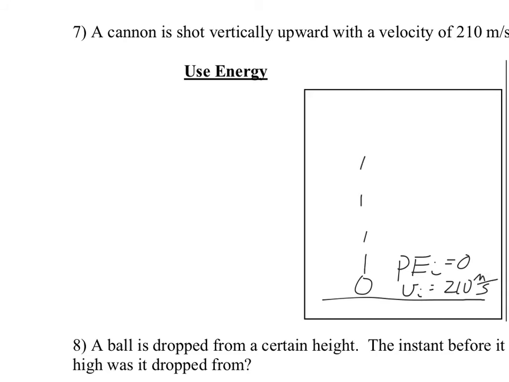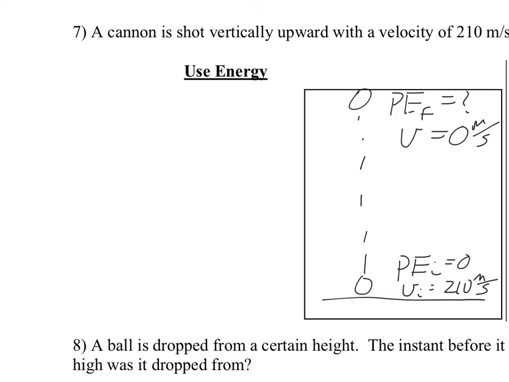The ball goes up. Up here, we do have potential energy. We're not really sure what that is yet, though. And we have a velocity here of 0 because we're at our apex.